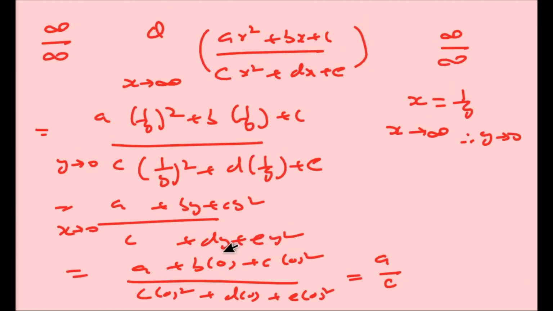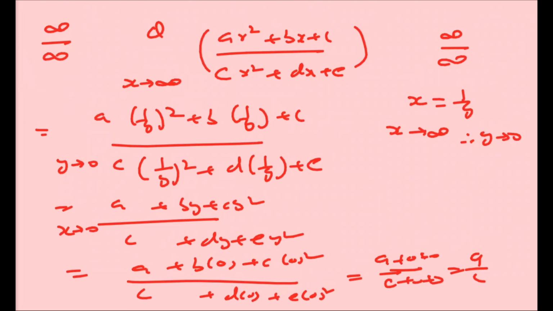So left here a plus 0 upon c plus 0 equal to a upon c. So this way you can find the answer if this is a question of infinity.